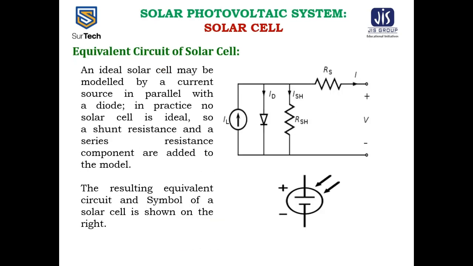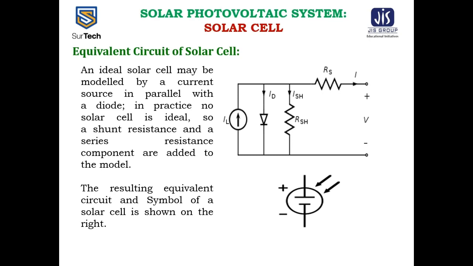This is the equivalent circuit of the solar cell. To understand the electric behavior of a solar cell, it is useful to create a model which is electrically equivalent and is based on discrete ideal electrical components whose behavior is well defined. An ideal solar cell may be modeled by a current source in parallel with a diode.